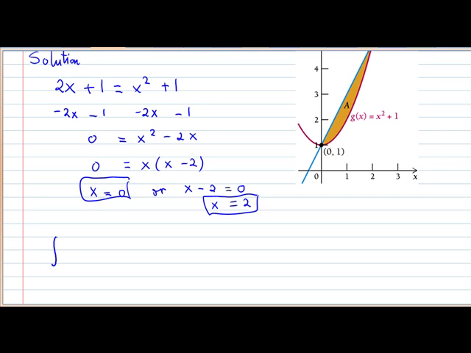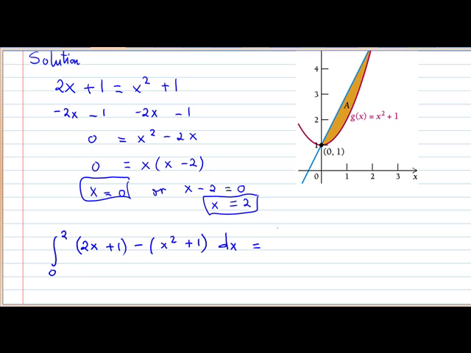So now we go ahead and set up our integration. We're going from 0 to 2. Since f is greater, I have 2x plus 1, the greater function, minus the smaller function, which is g, x squared plus 1, by using the theorem.